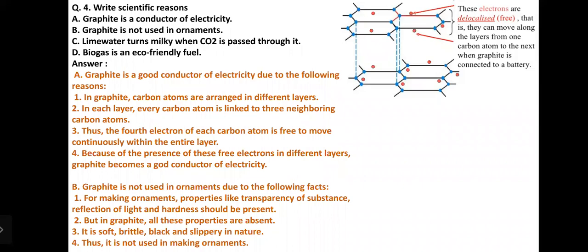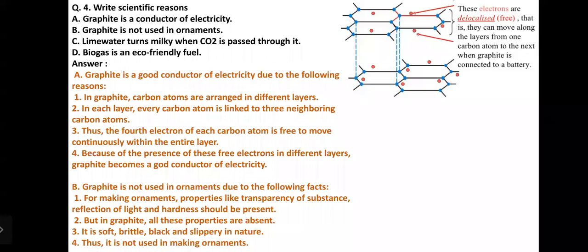First, for making ornaments, properties like transparency of the substance, reflection of light, and hardness should be present. So ornament or jewelry material must be hard, must reflect the light, and must be transparent to look shiny, bright, and luxurious. The substance must be of this type.